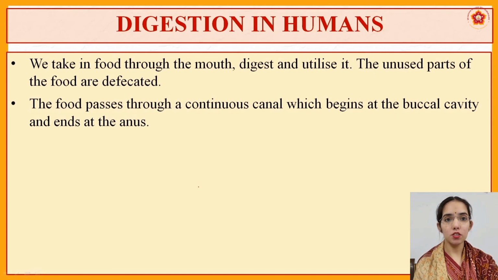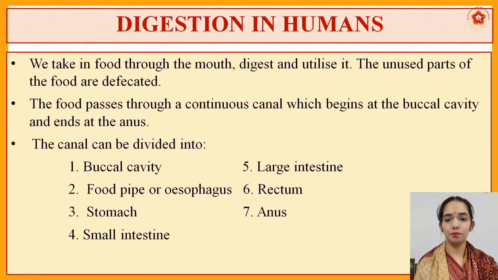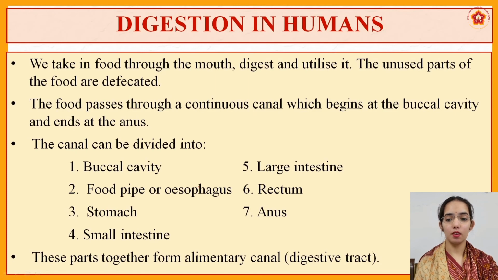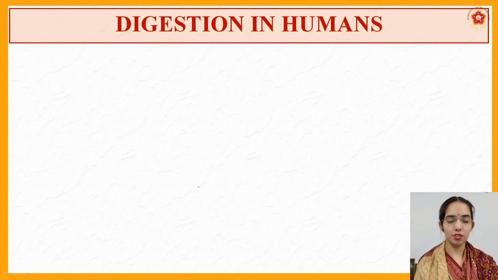The food passes through a continuous canal which begins at the buccal cavity and ends at the anus. So we had seen our alimentary canal. The canal can be divided into buccal cavity, then food pipe or esophagus, then stomach, small intestine, large intestine, rectum, and anus. These parts together form the alimentary canal or digestive tract.